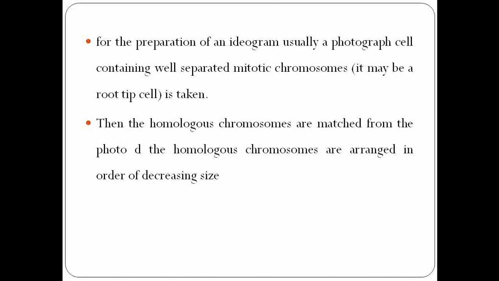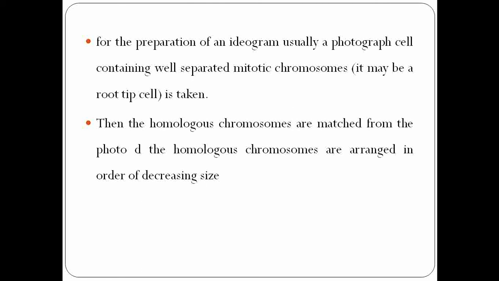Next, for the preparation of the ideogram, usually we require a photograph of a cell which contains well separated mitotic chromosomes. Whenever we get that photograph, we first have to match the homologous chromosomes.